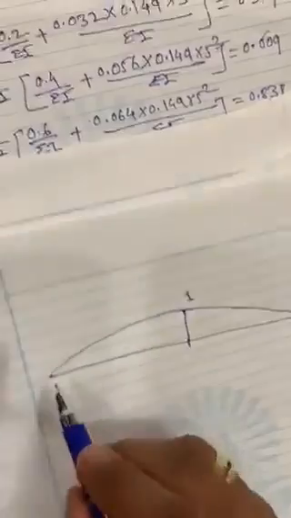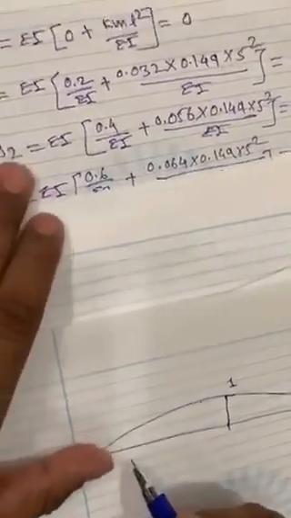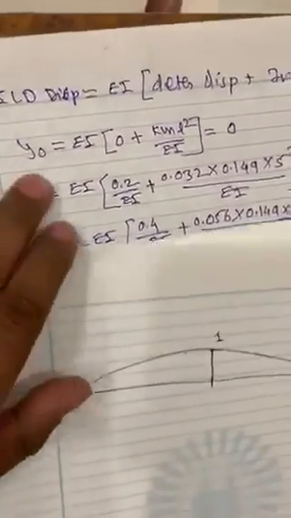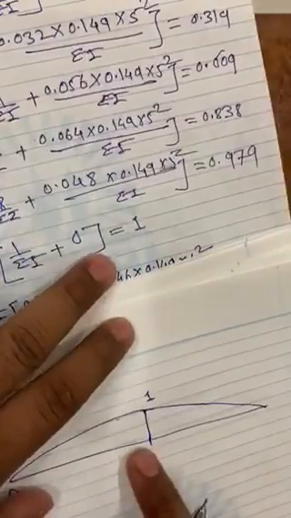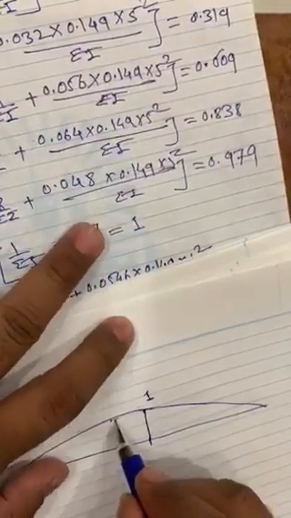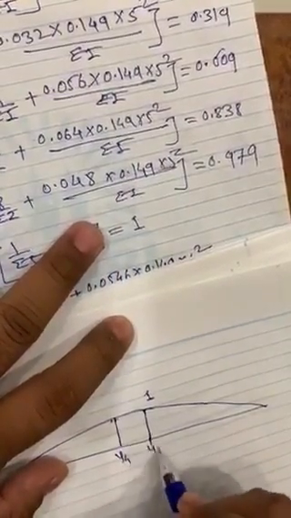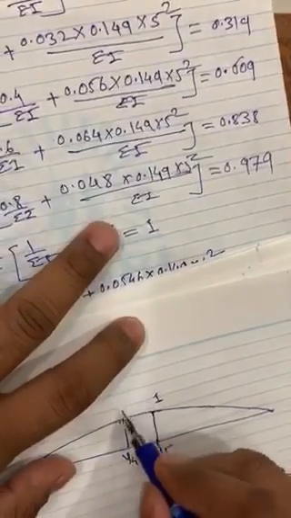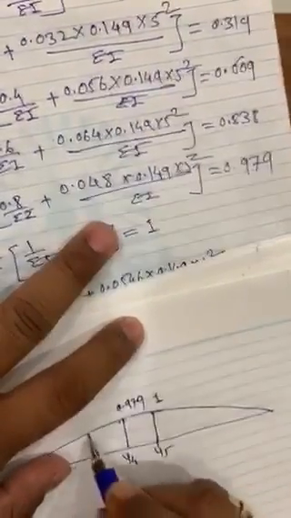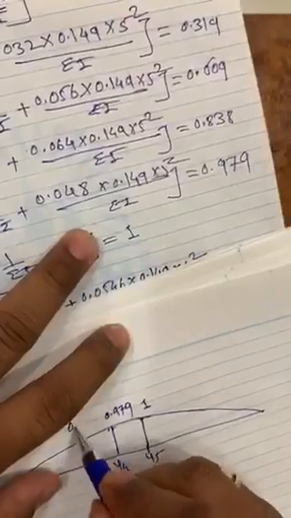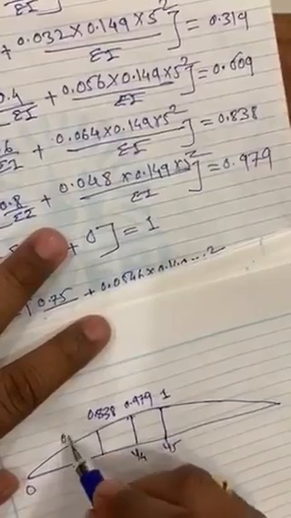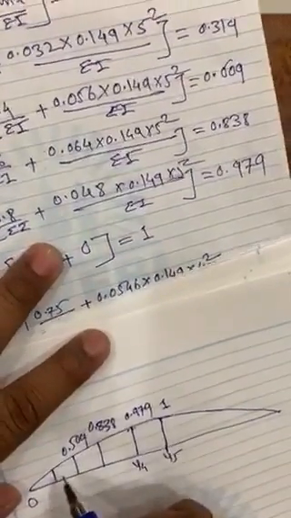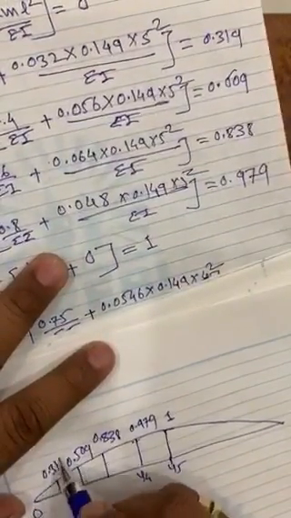So you have Y0 as 0, then Y1, and from the center it is 1, then Y4 and Y5 are 0.979, then 0.838, 0.609, and then 0.319 and 0.